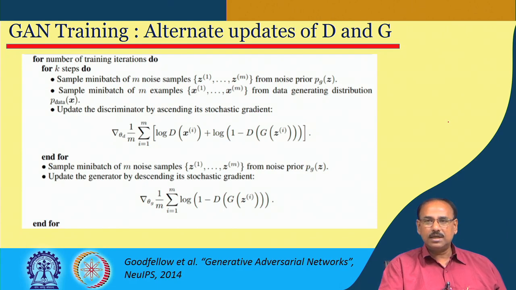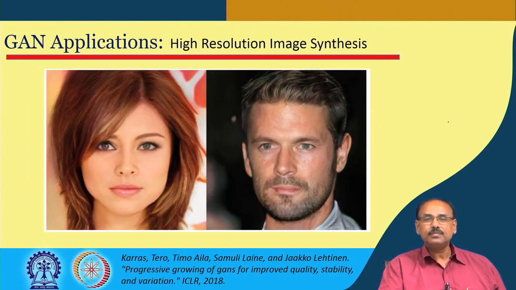And once the discriminator is learned and stabilizes, you come to the training of the generator, wherein you try to maximize D(G(z)). So, these two training operations occur one after another, effectively making both the generator and the discriminator quite strong.